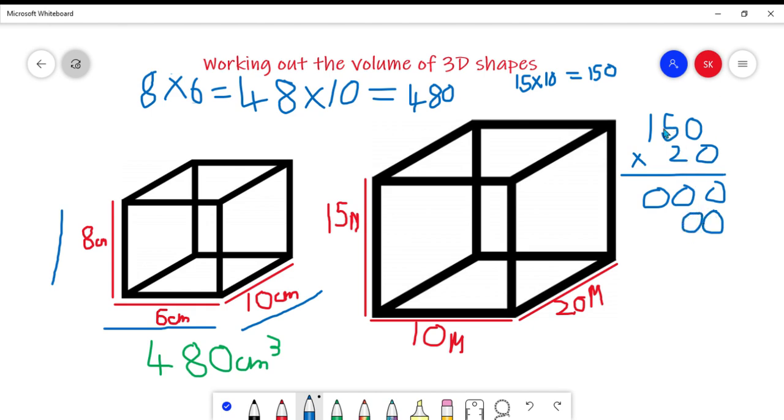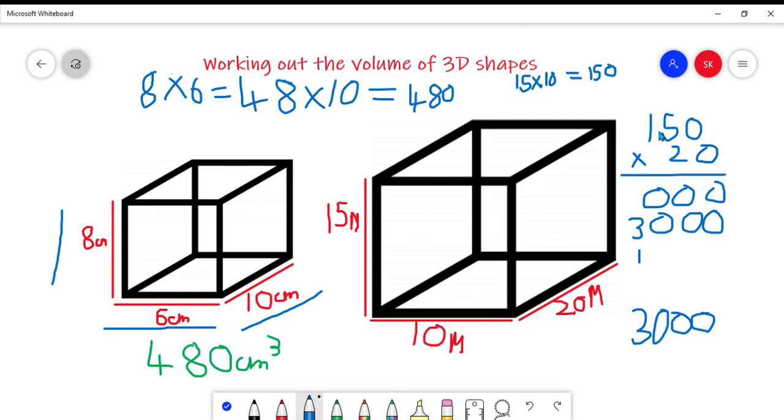There's a lot of zeros, but 5 times 2 is 10, and we keep that here. And 2 times 1 is 2, and then we keep our 3 here, which gives us 3000. That was the slightly long way, but better to double check.